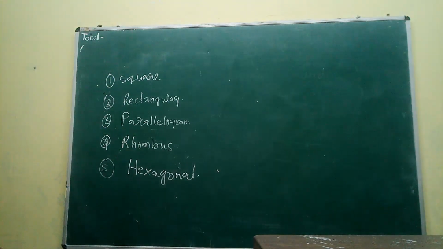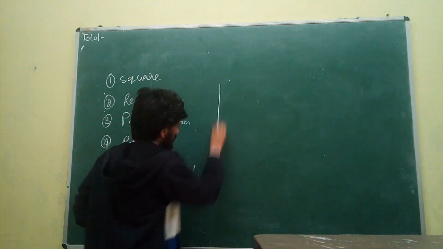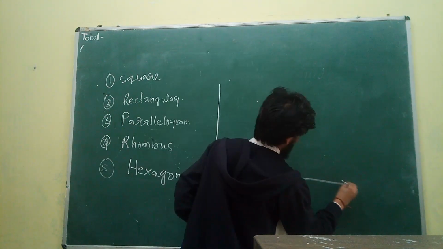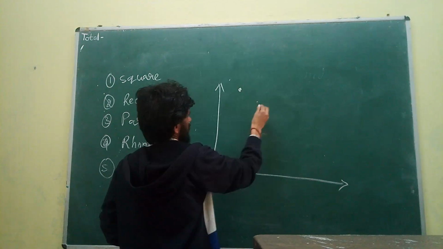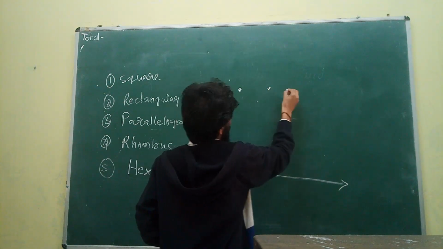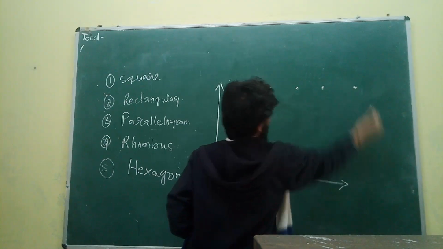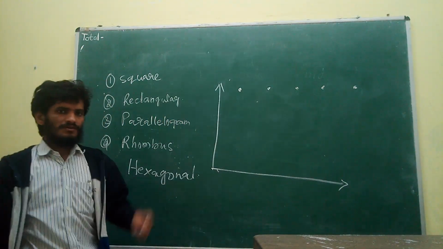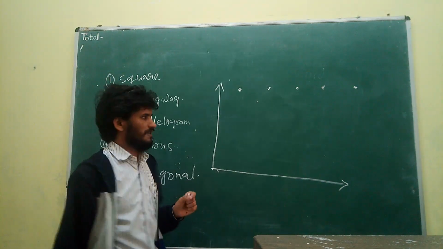Understand? Now let me show how the hexagonal crystal lattice formation takes place. Very simple. You have to take 1, 2, 3, 4, 5 crystal particles, means lattice points, with equal distance in space.